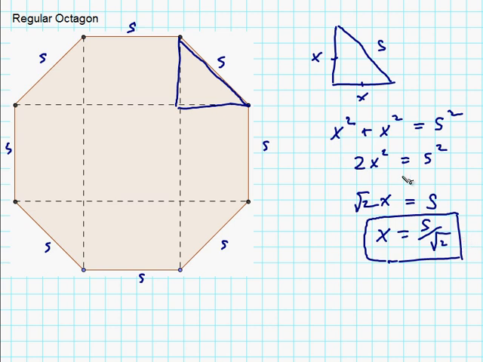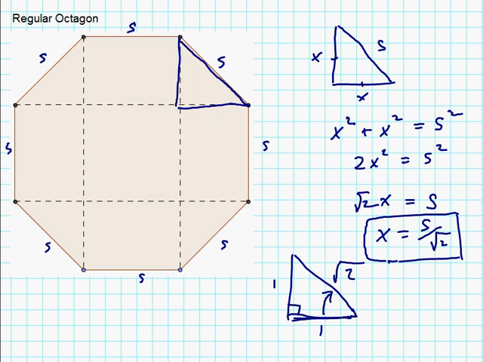In general, when you have a 45, 45, 90 right triangle, one way to remember how to get this easily is just think of each side here as 1, and then the hypotenuse will be the square root of 2. So if you have 1 squared plus 1 squared, it's the same as 1 and 1, you get 2. Take the square root and you get the third side. So in other words, look at this. I take whatever this length is, I have to multiply by the square root of 2 to get the hypotenuse.